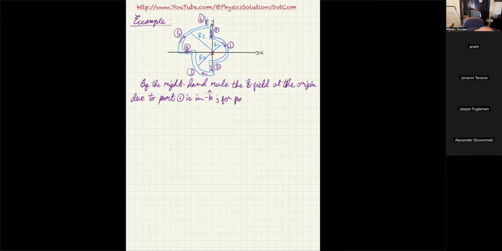For part 2, it is 0. Because remember, I told you anytime you had a current that's aimed towards or away from the actual point at which we wish to know the magnetic field, then that's not going to contribute at all because the DL and the R_P minus R_DL are going to be parallel.